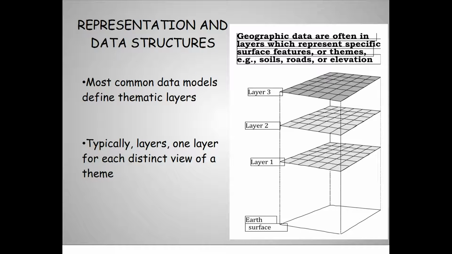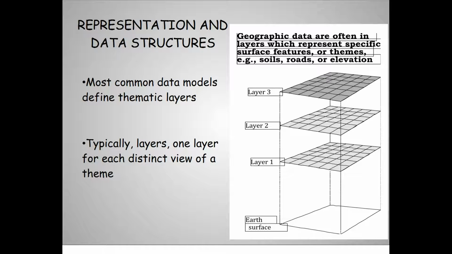These are the two most common data structures, or data models, vector and raster. There are a few more that we'll hit on throughout the course, but here are some other examples. Soils could be raster or vector, depending on what the attribute is.